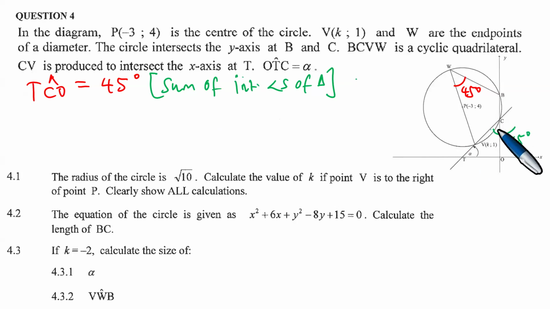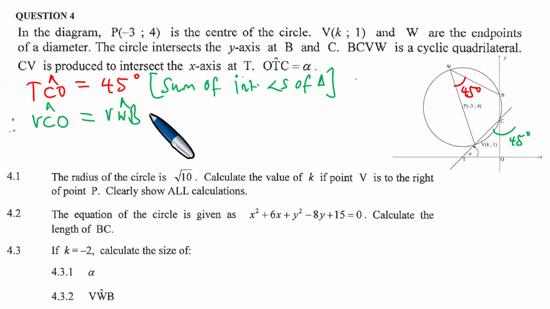Once it's 45 degrees, you're able to see that the angle TCO, or you can call it VCO, is equal to angle VWB.